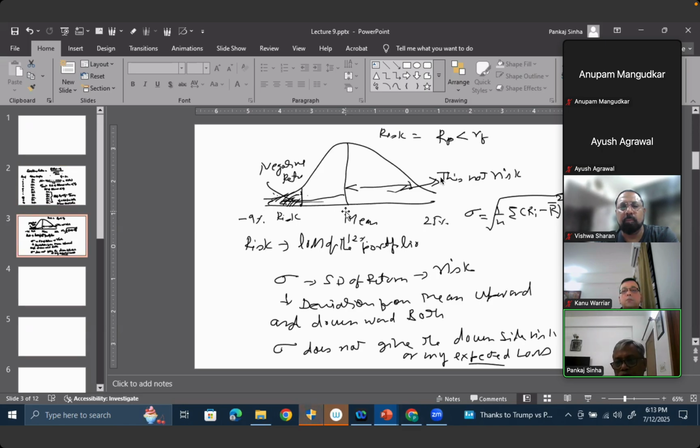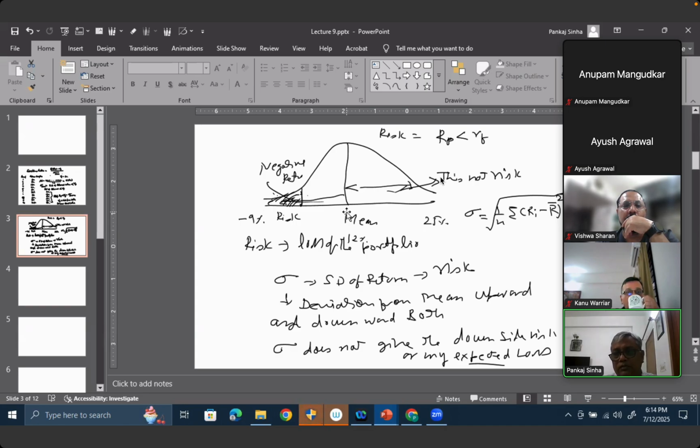This is not risk. My portfolio is giving 15%, it is not risk. But if my portfolio gives 3% return, I am losing my money. Or rather not 3%, giving negative return, negative 5%. So my principle of investment is violated.